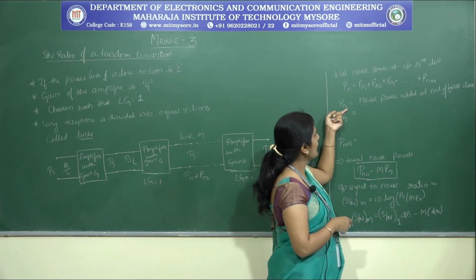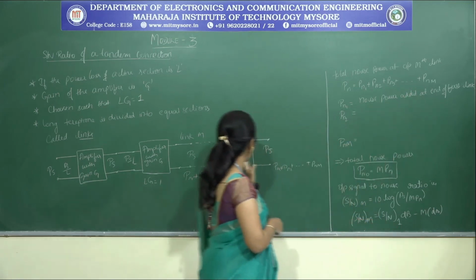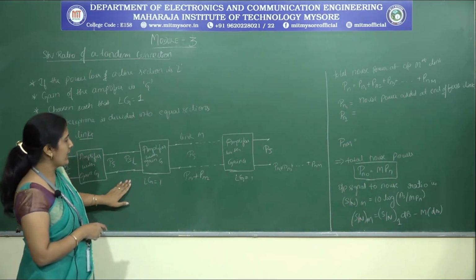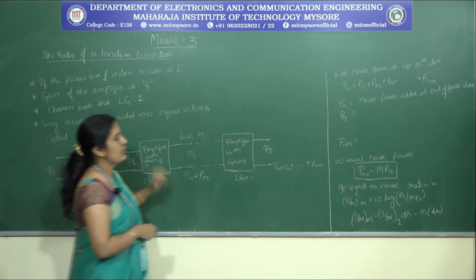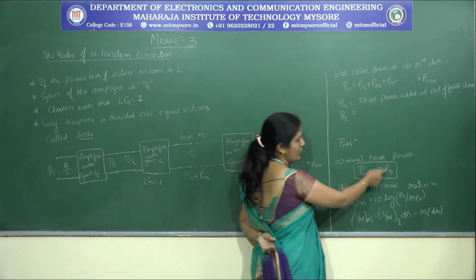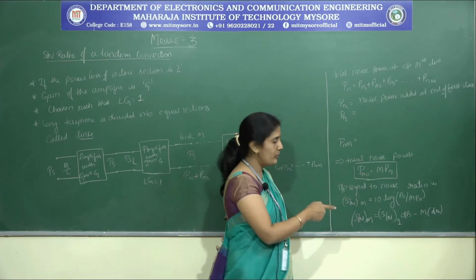Pn1 is nothing but the noise power added at the end of the first link. Whenever we see this block diagram, we can see the connection of Pn1 and Pn2. So the total noise power can be written as Pno is equal to m into Pn.